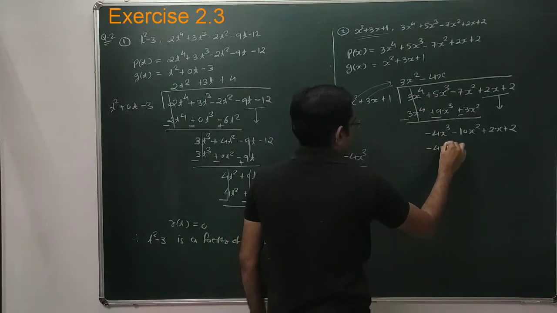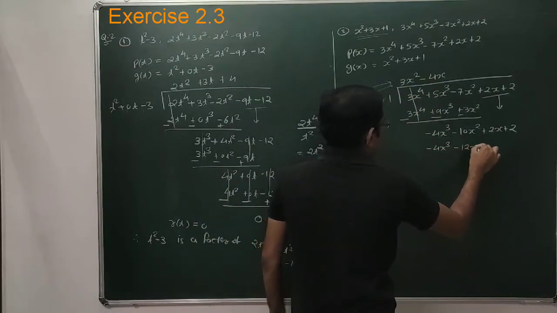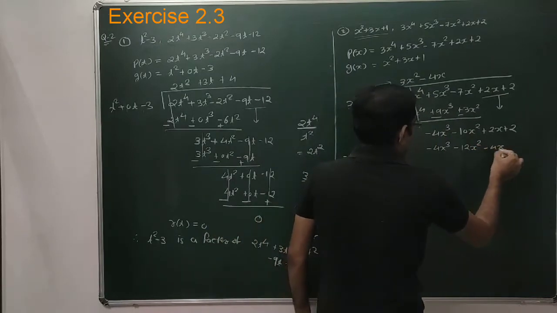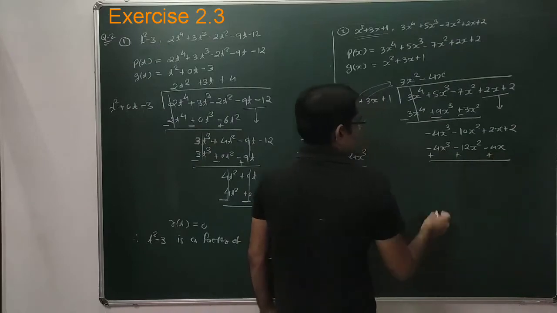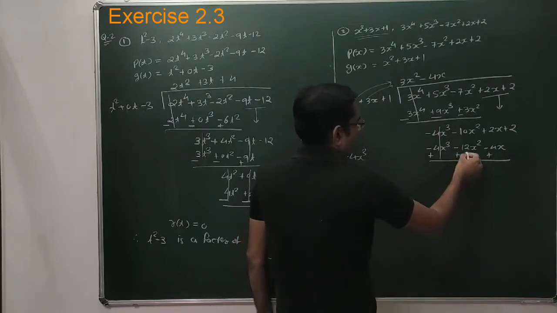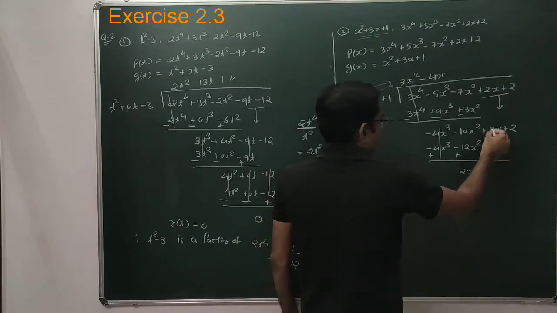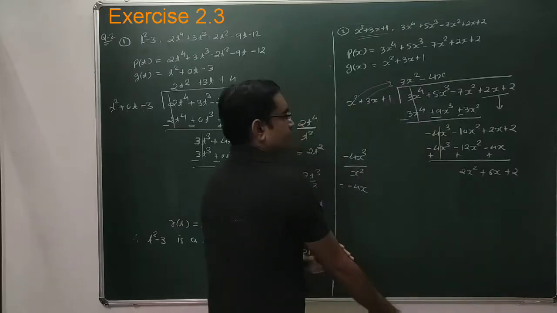It's a minus 4x cube plus 3 into minus 4, minus 12x square plus 1 into minus 4x, which is minus 4x. Done? Now change the sign, plus plus plus. This will be cut, minus 12x minus 10x, which is minus 2x square, plus 4x plus 2x, which is 6x plus 2.